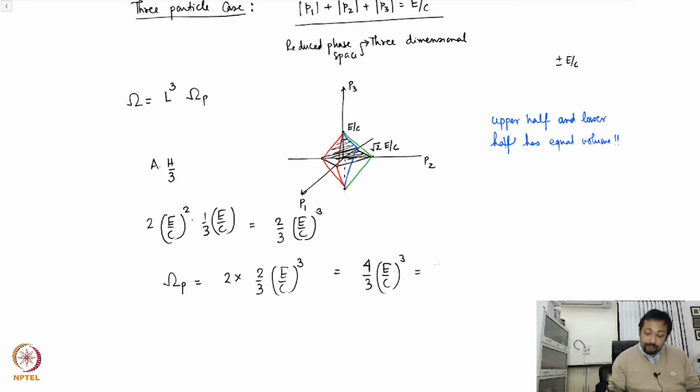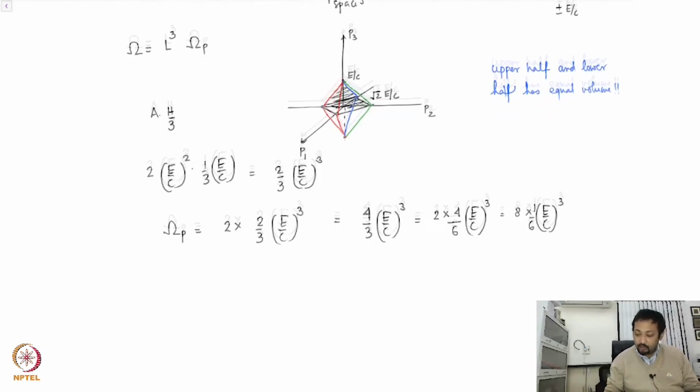Now I will multiply this with an additional 2 and bring in a 6 over here, so that I have the form 8 into (E by c) whole cubed, multiplied by 1/6.